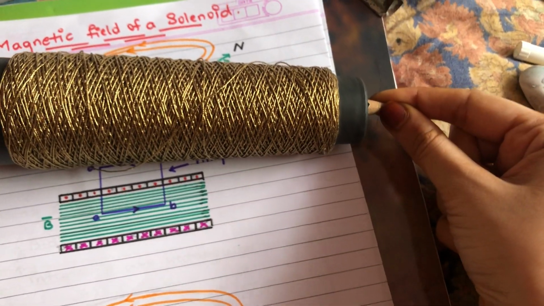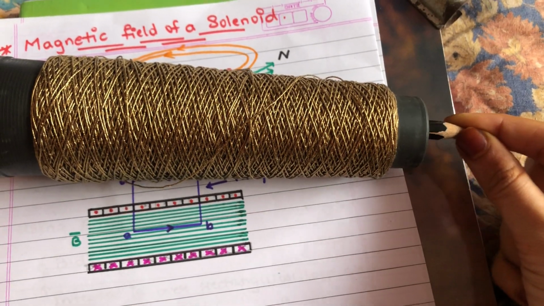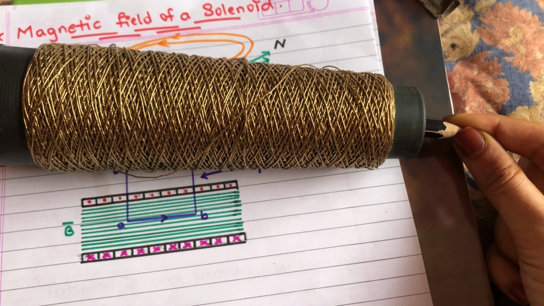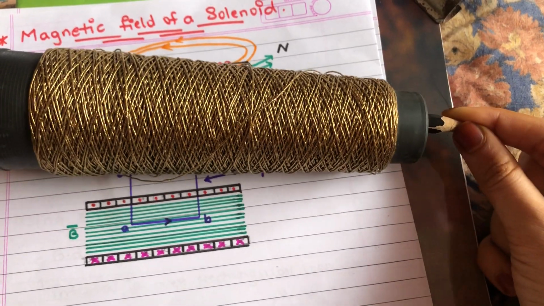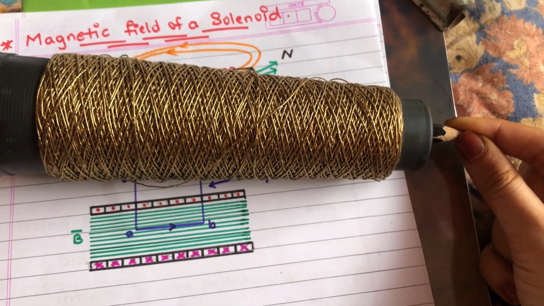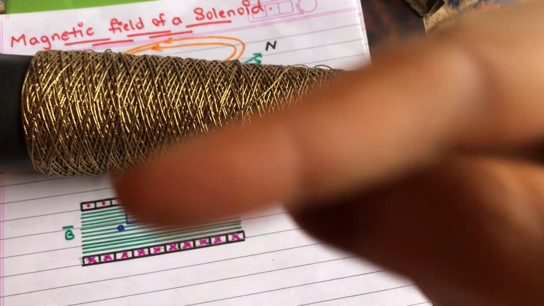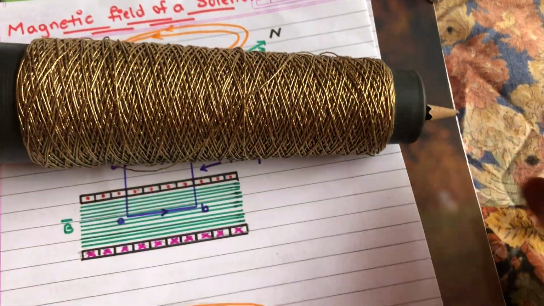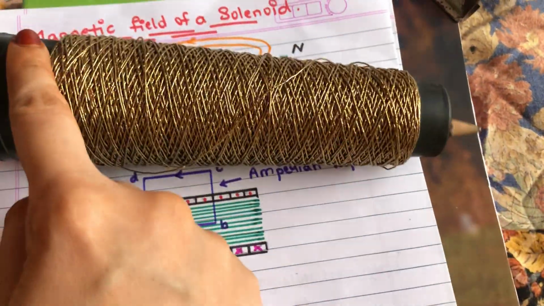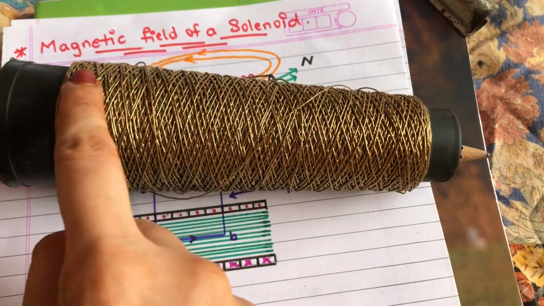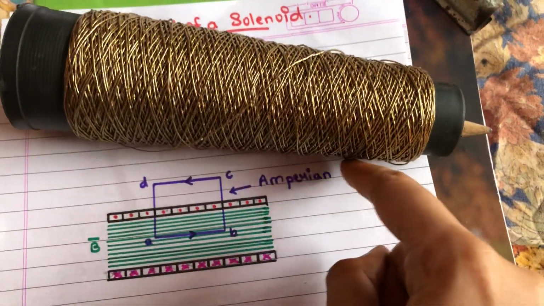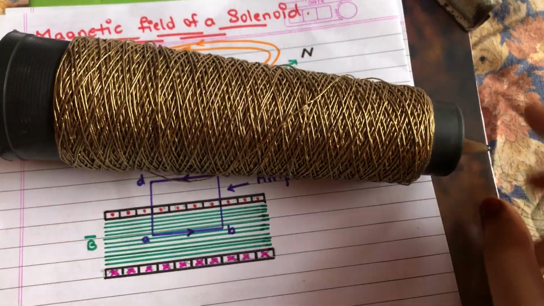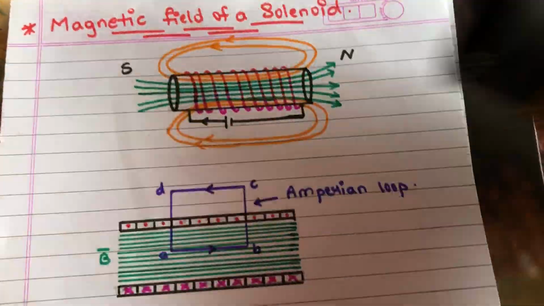The magnetic lines of force will be dense there, and the density is uniform within the axis of the solenoid. At a distance away from the solenoid, near the wires at the upper and lower ends, whatever the density is, that density is uniform.